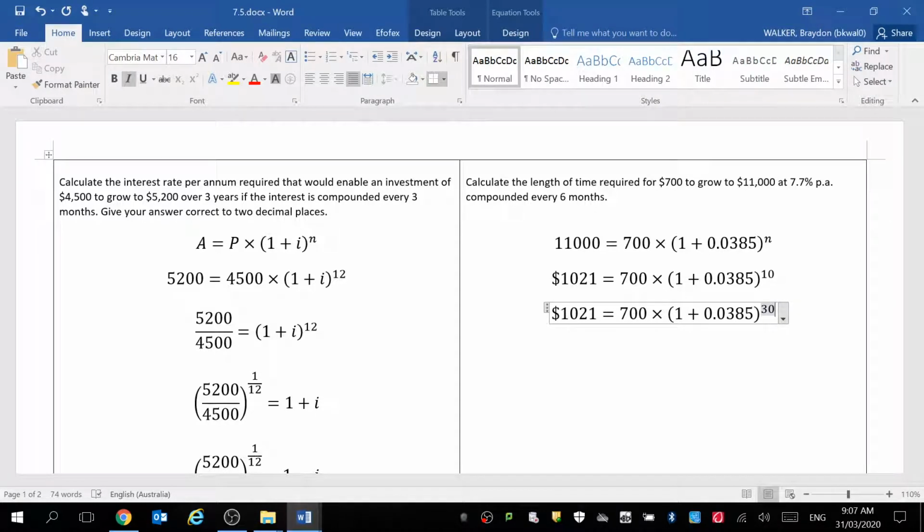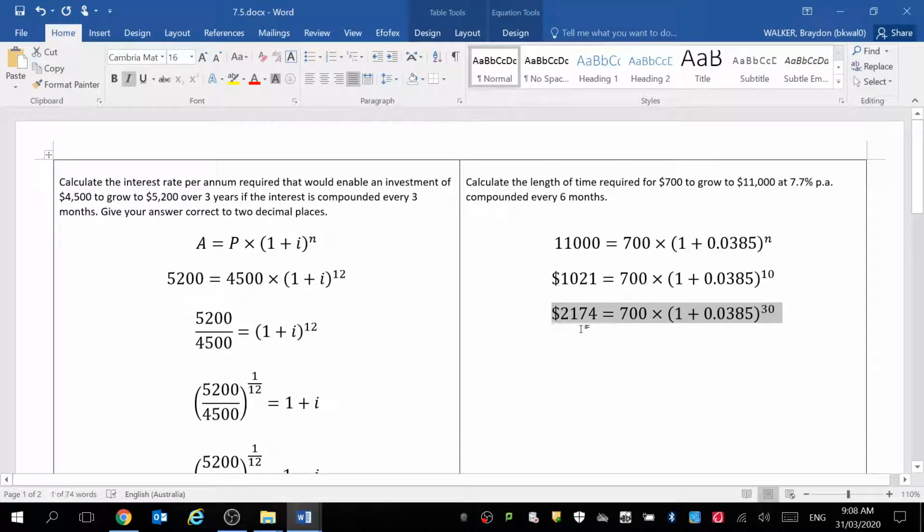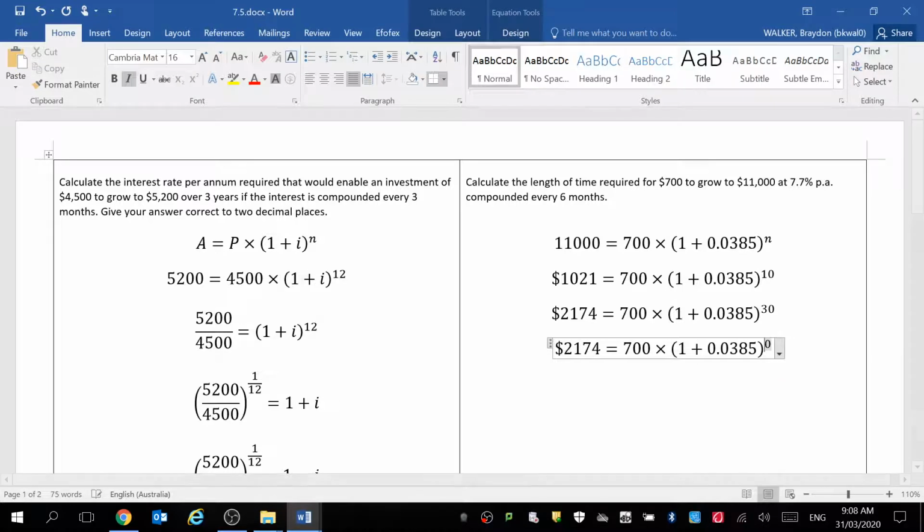Okay, now when I enter 30, again, still not really helping us in this circumstance. We get 2,174 rounded, okay? So that's still, in this circumstance, definitely not good enough. Let's try again. This time, let's make it 60. For argument's sake. All right.